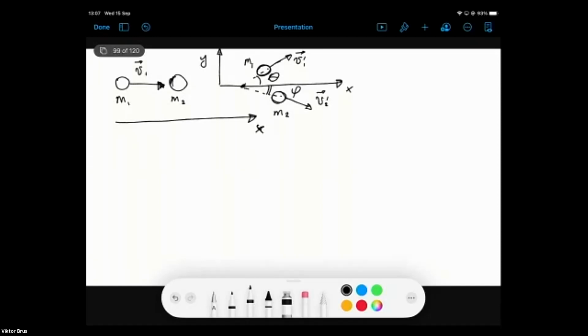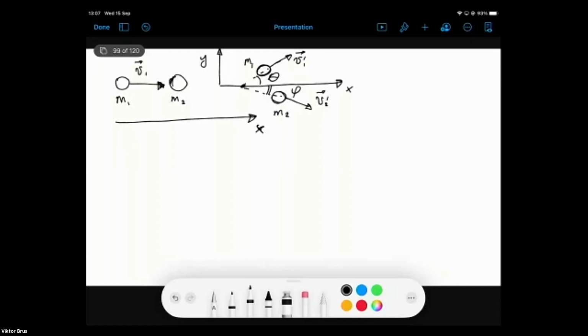So now let us consider first the general case, and then map this general case onto this particular situation in order to see what kind of set of equations we can get to describe this collision. In general, we know that no matter if it's an elastic or inelastic collision, the conservation of linear momentum always works.